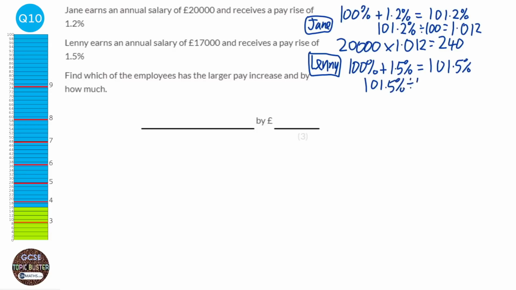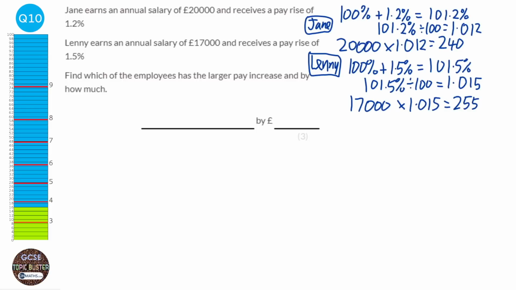We divide that by 100, which gives us 1.015. And then finally what we do is we get the 17,000 times it by the multiplier. And when we do that, we get 255. So Lenny has 255, Jane has 240.